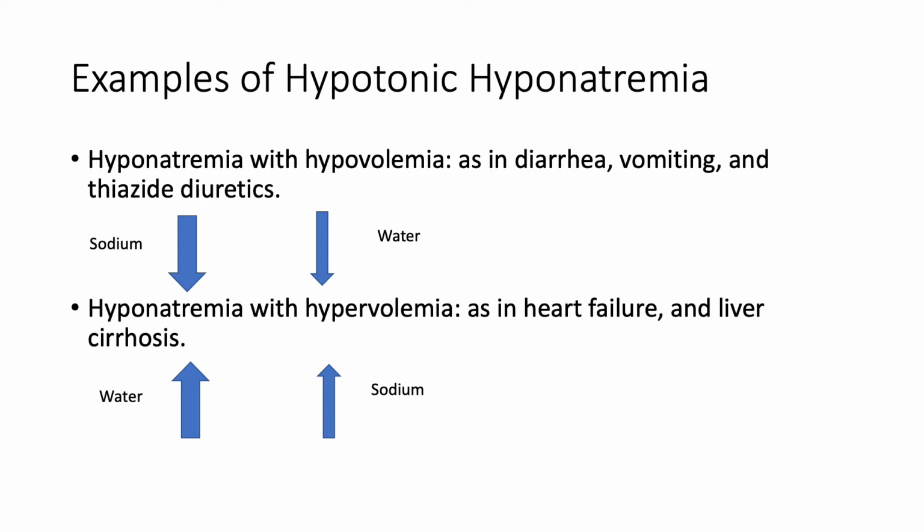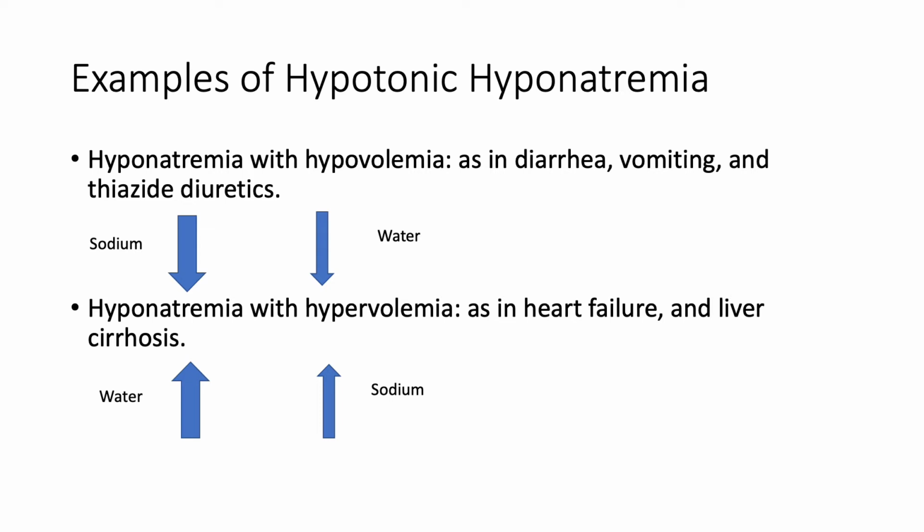So really the exact opposites. Look at case 1 and case 2. In case 1, both sodium and water are low, but sodium goes down more than water, so you end up with hyponatremia. In case number 2, as in heart failure, liver cirrhosis, both go up. The sodium is up in heart failure, but the water is higher. The increase in water proportional to the sodium is more. This is why you end up with hyponatremia.